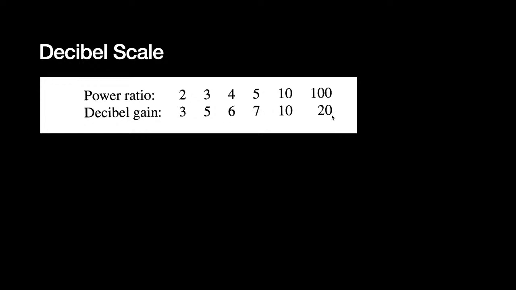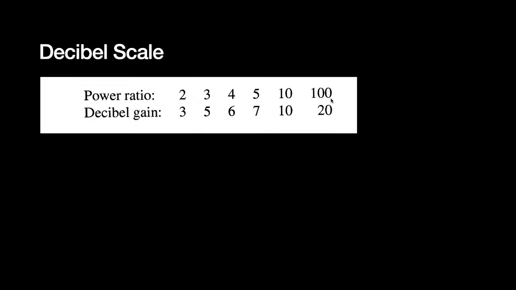So as we have discussed earlier, human response to stimuli is such that when the stimuli increases in multiplication, the response increases in addition. One such scale is a logarithmic scale, and the one we are using is decibel gain. So this will increase in addition, this will increase in multiplication.